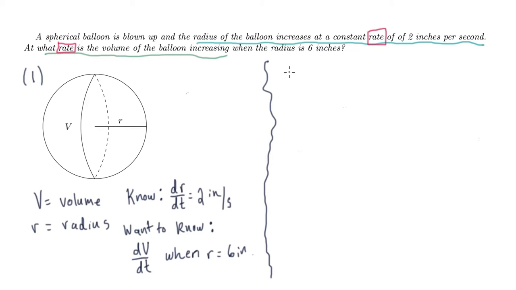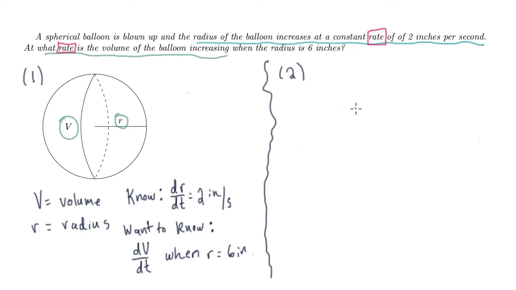Okay, so step 2 was to straight up relate the two quantities. So that was V and R. And this is where, I'm not saying you should know every formula for every volume or every situation you go into. So this might require a little bit of research, looking at what is the volume of a sphere.